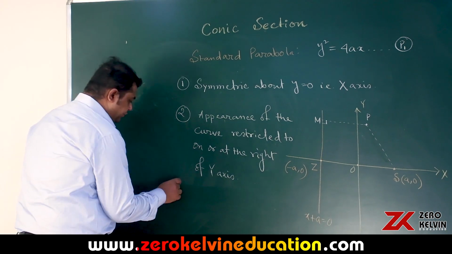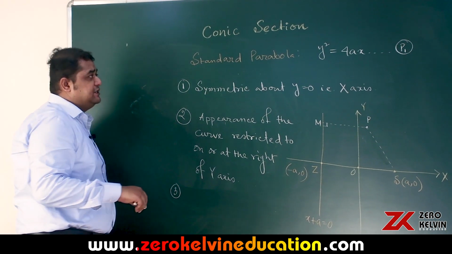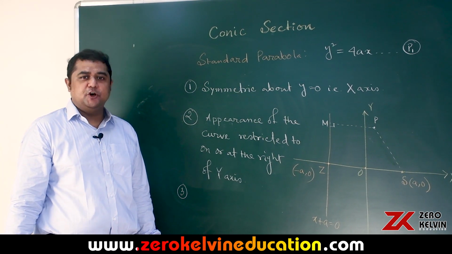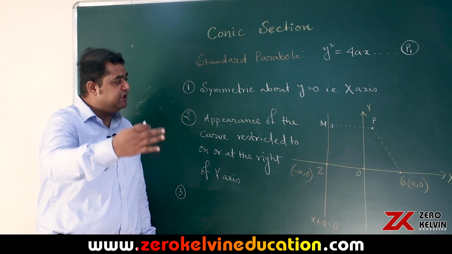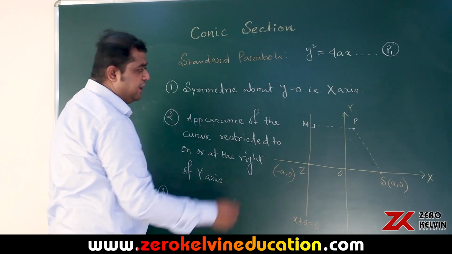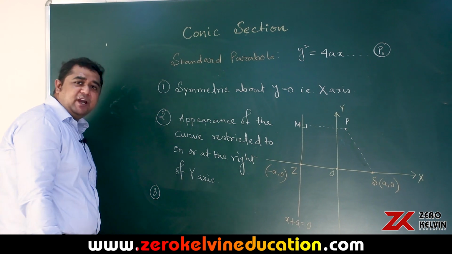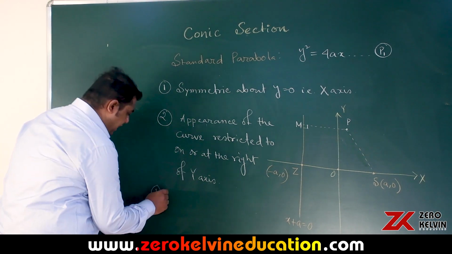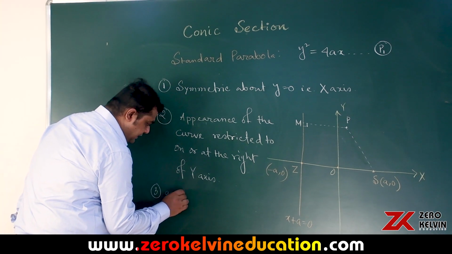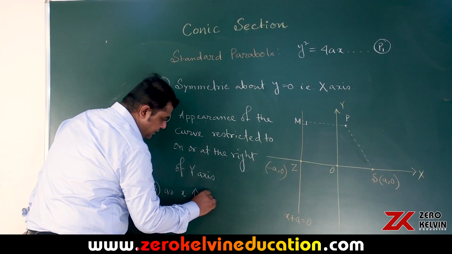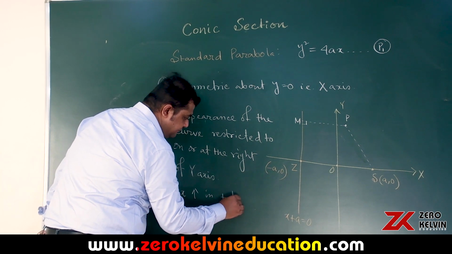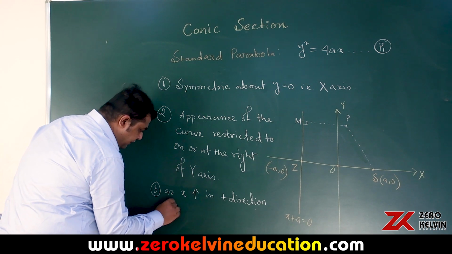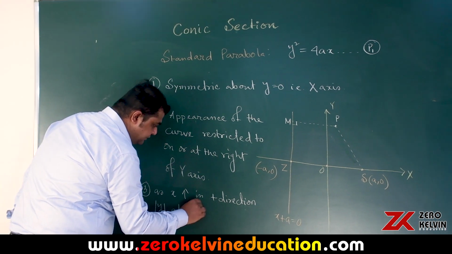Moreover, if we proceed ahead for more identification, as x increases in positive, that is if we move towards the right direction of horizontal axis, y square increases, that means mod y increases. So, as x increases in positive direction, mod y also increases.